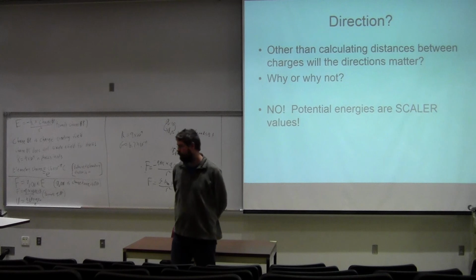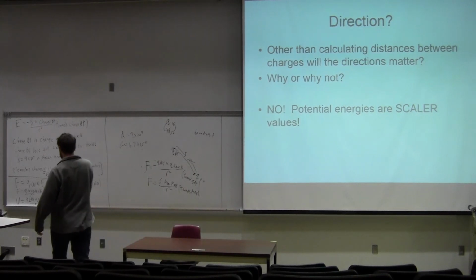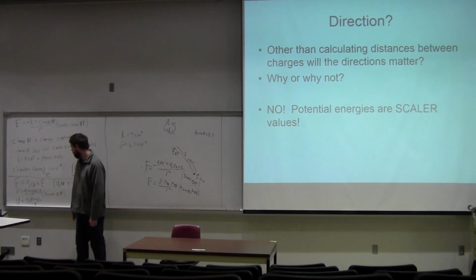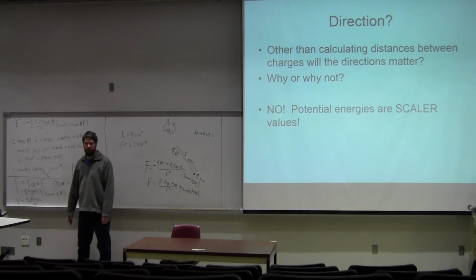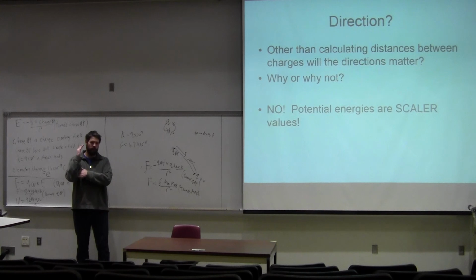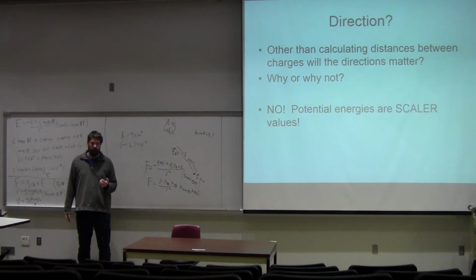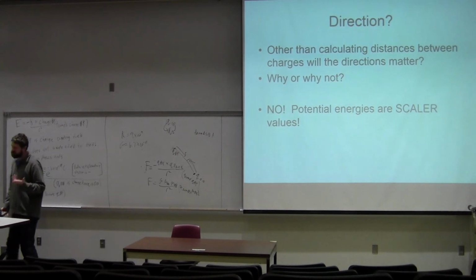You just take the scalar distance, which is why I put a big R instead of a little r. Although if you square the distance, the direction doesn't matter. A direction times a direction equals 1. A direction times the opposite of the direction is minus 1. A direction times the perpendicular of the direction is 0. There's some more fancy math that does that, but in this class, that's all you need to know.